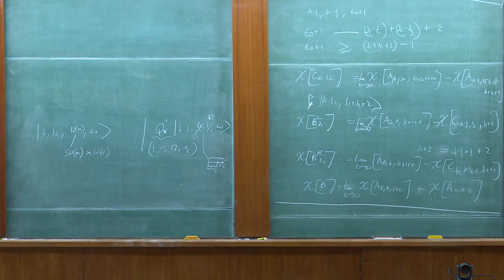Okay, so I'm breaking up UM into SUM times U1. U1 is just an integer. And SUM is this other stuff. Okay. Now, you remember that the most dangerous level 1 descendant was the one in which you made the R-symmetry representation bigger, but the angular momentum representation smaller.